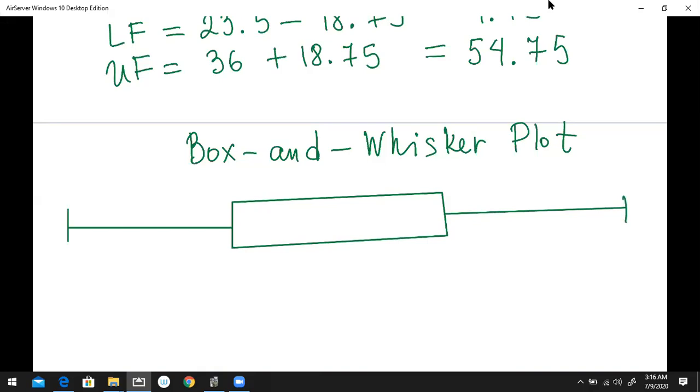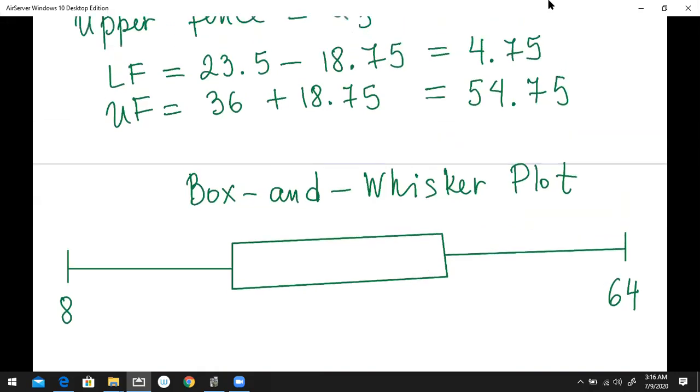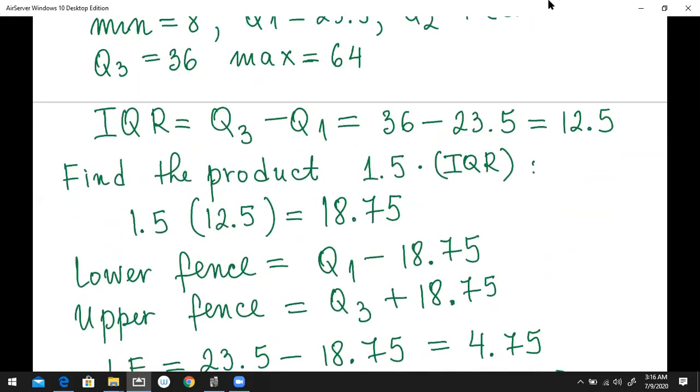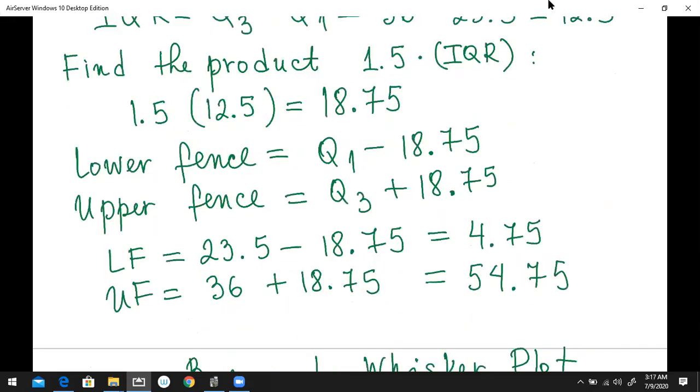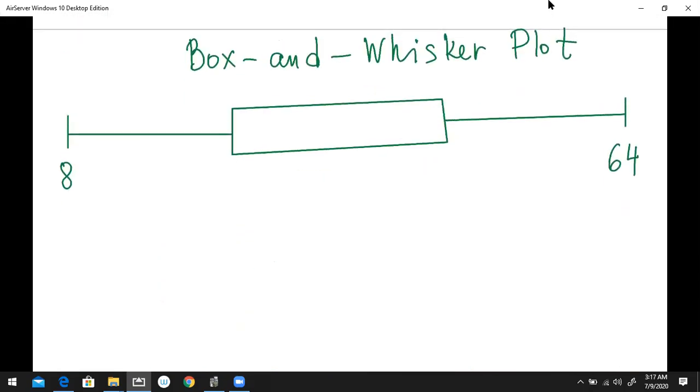Okay, and we have to go to the maximum. So the minimum is 8, the maximum is 64. So the middle one, the median, was 28.5, which is definitely closer to 8.